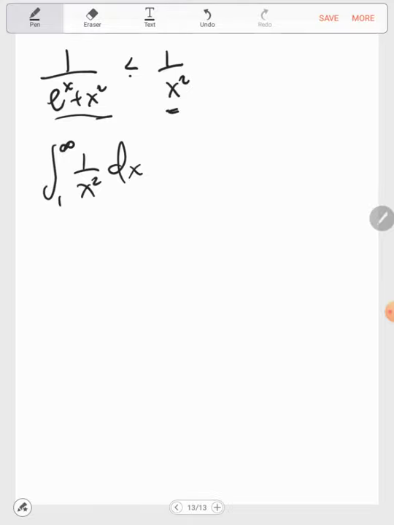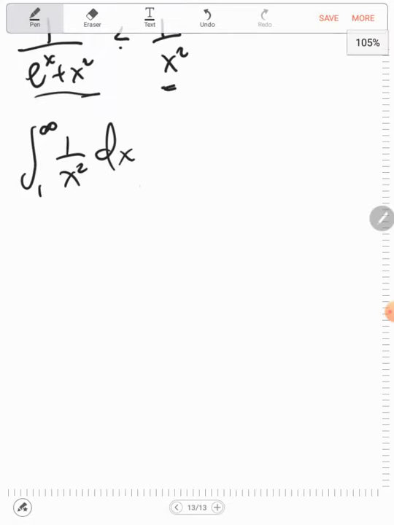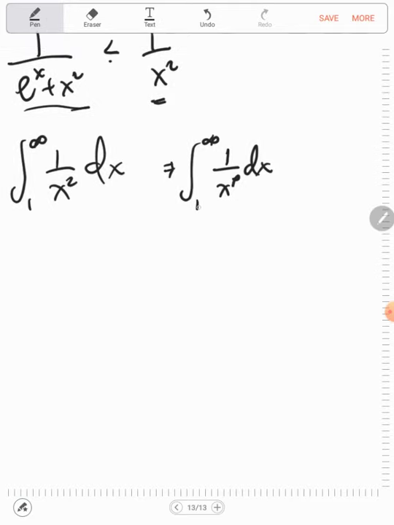So this is a bit similar. Remember from the p-test, we said anything of this sort converges for p greater than 1. Here our p is 2, therefore this function is convergent.